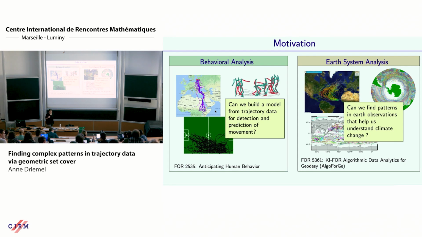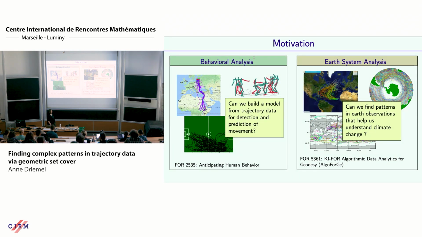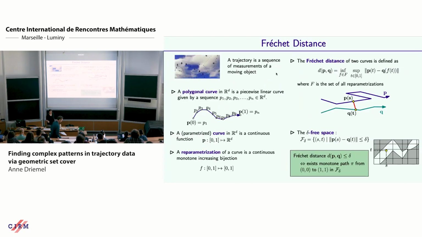They could be in some system, in a Lagrangian way, following along, giving us the motions of the particles in some system, or it could also be tracking the movements of a person, or migrating animals. But they don't have to be in 2D. They can also be high-dimensional trajectories, tracking the joints of the motion of someone. But I will talk about this later a bit more. This is just to get started on the motivation.